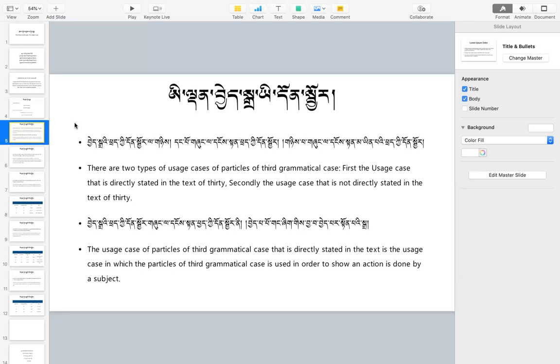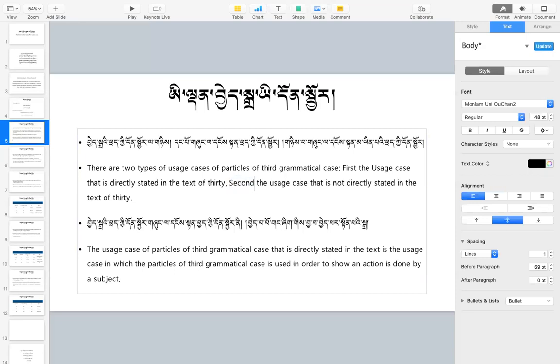Second, the usage case that is not directly stated in the text of 30. So these are the usage cases that are used in the Tibetan language, but are not directly stated in 30. These are more inferential.